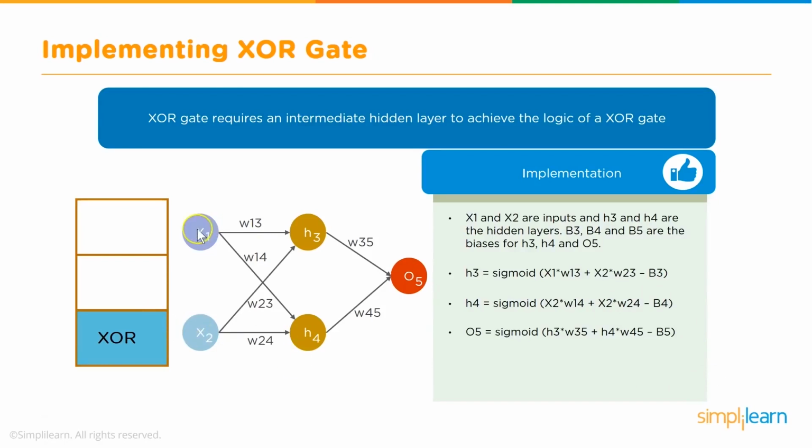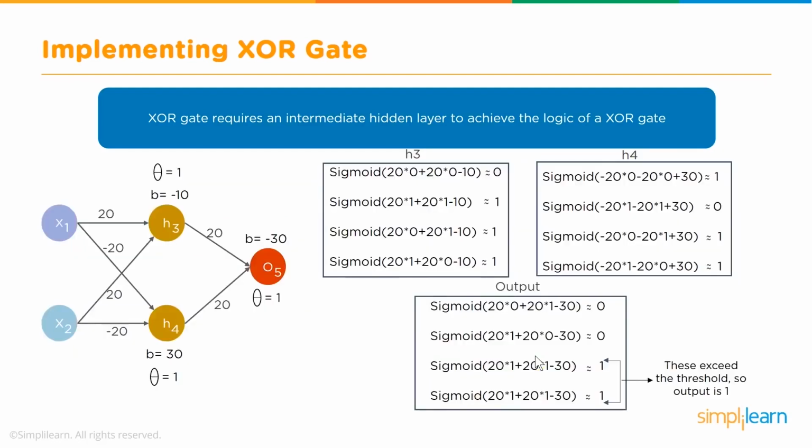You see here that X1 and X2 are the inputs. Then there is a hidden layer denoted here as H3 and H4. Then you take the output of that, and we get the output, denoted as O5 here, and provide a threshold. So then we see here the numerical calculation. The weights in this case for X1 are 20 and minus 20, and again 20 and minus 20.